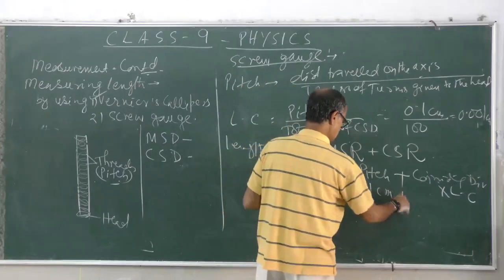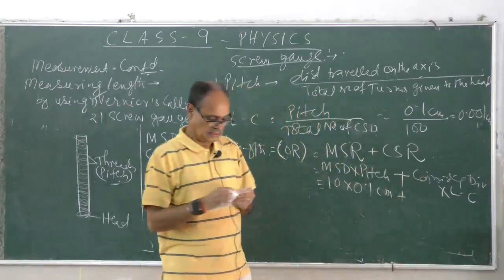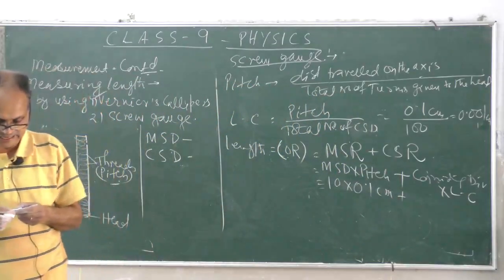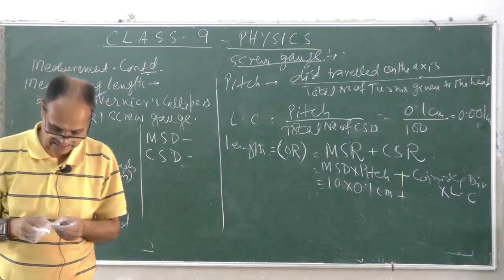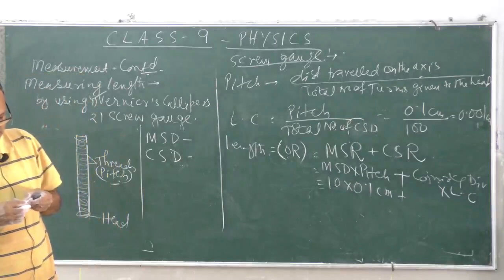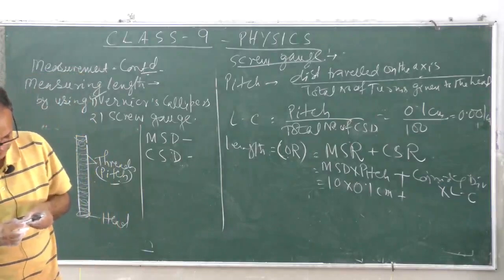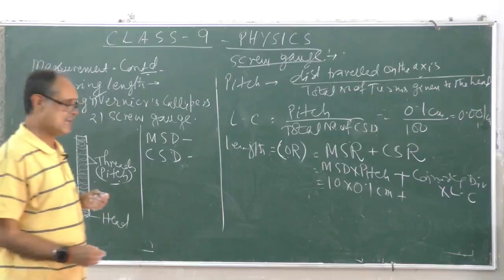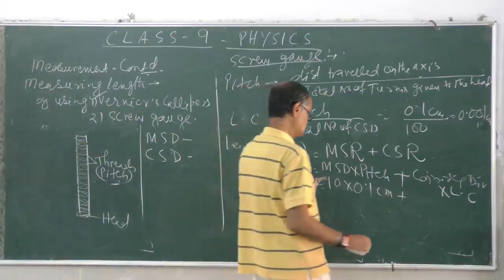centimeter, plus the circular scale division that is exactly matching with any of the lines. My circular scale division is matching with the baseline as it is marked here. So as far as my vision goes, it is at 70.